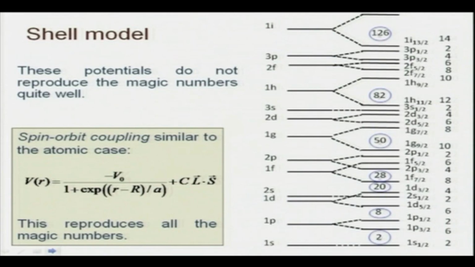So, the new potential looks like minus V 0 over 1 plus exponential of small r minus capital R over A, which is the Wood-Saxon term, plus some factor C times L dot S, which is the spin orbit coupling term. And now, this remarkably reproduces all the magic numbers.